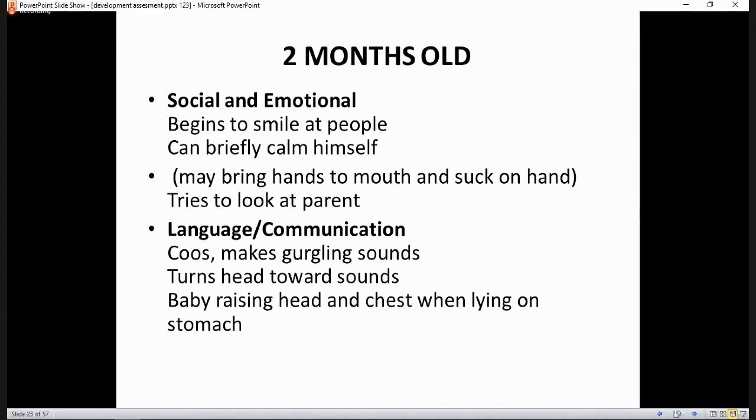They begin to smile at people, can briefly calm himself, may bring hands to mouth and suck on hands, and tries to look at parents. In the language, they can have gurgling sounds. They can turn the head towards the sound. And when they are laid in a prone position, they may be able to raise their head and chest.